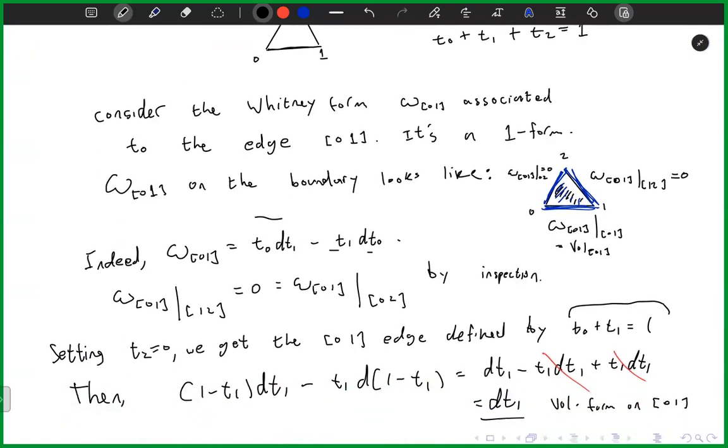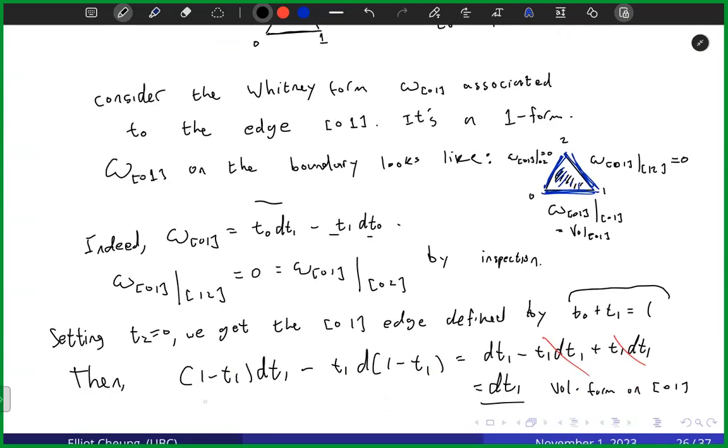Then you make this substitution, T0 is 1 minus T1, and dT0 is minus dT1. You work this out, these cancel, and you end up getting dT1. So it's a constant 1 form on the 0, 1 edge, and it integrates on the 0, 1 edge to give you 1. So you see that this expression does the required interpolation.